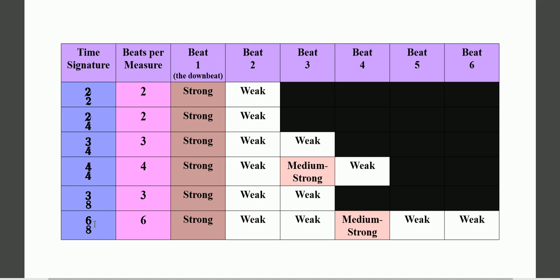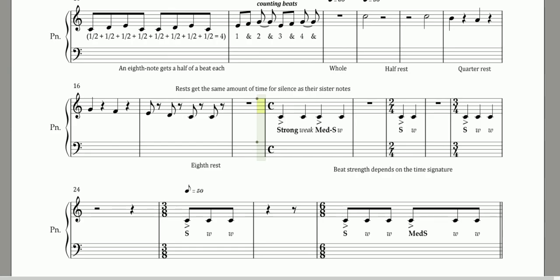The same thing happens with 6/8 time. The first beat is strong, and then we have 2 weak beats. But in that second set of 3, we have a medium strong, because we don't want it as strong as the very first one, and then we have 2 weak ones after that. In a real way, we can think of that part of music as our musical pulse.